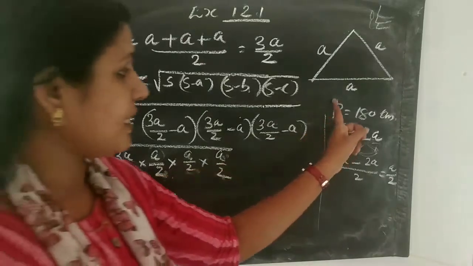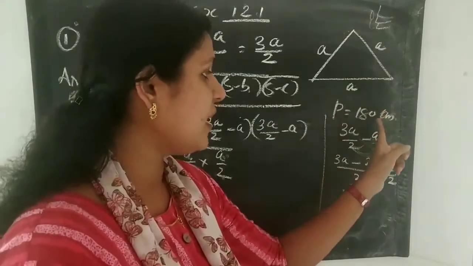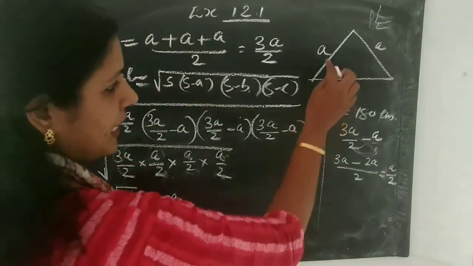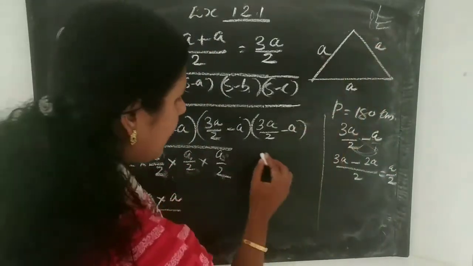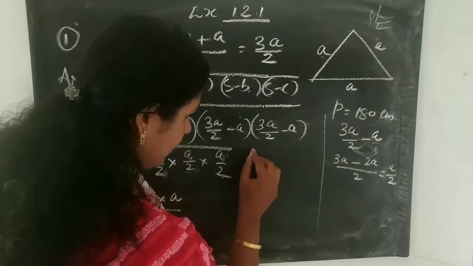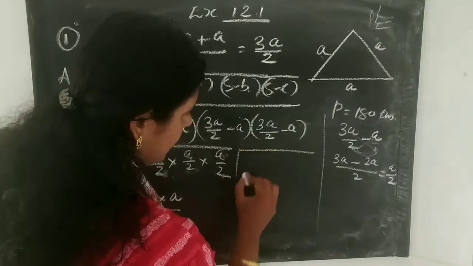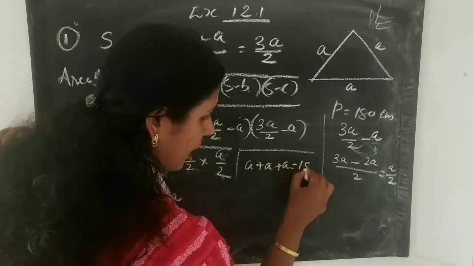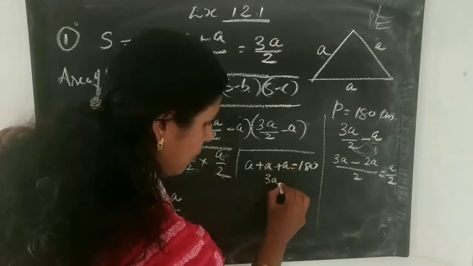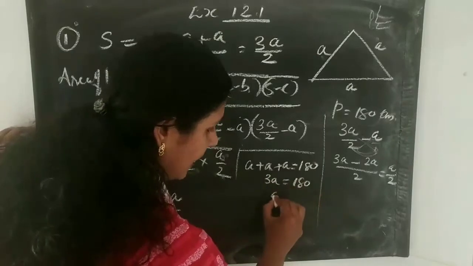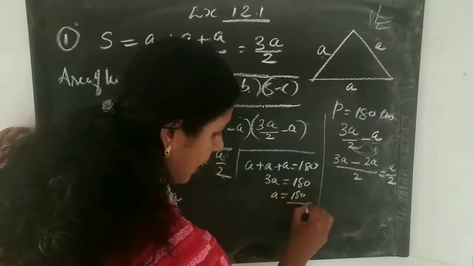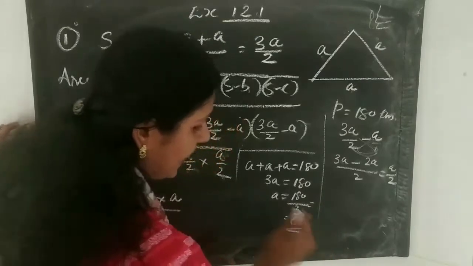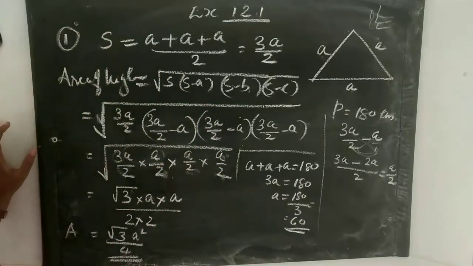Here it's given that the perimeter is 180. Perimeter is a plus a plus a. So a plus a plus a equals 180, that is 3a equals 180, and a equals 180 by 3 equals 60. So the value of a is 60.